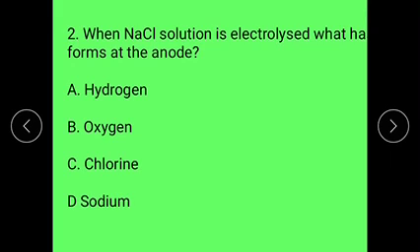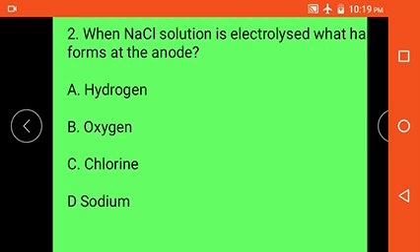And next, they may ask: explain the electrolysis of aqueous NaCl solution. These are the main topics in this period. They may ask questions from here.